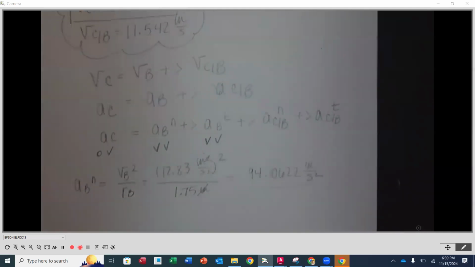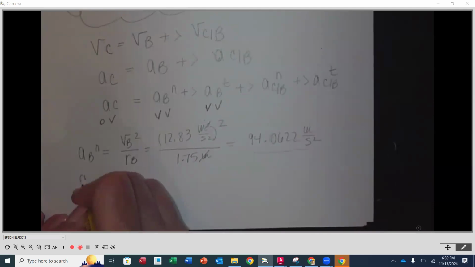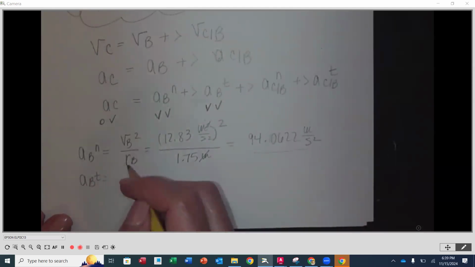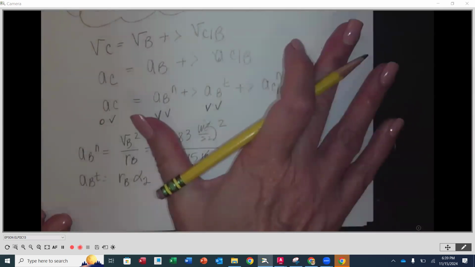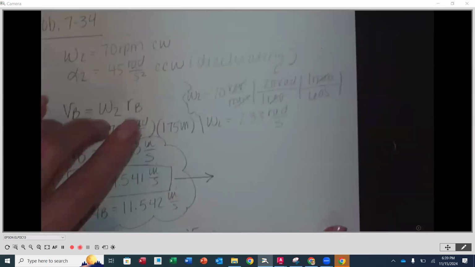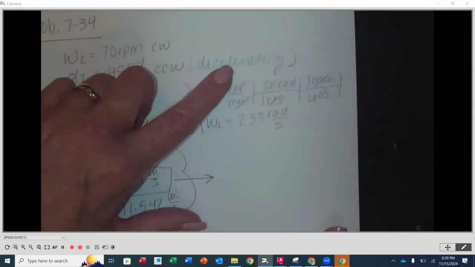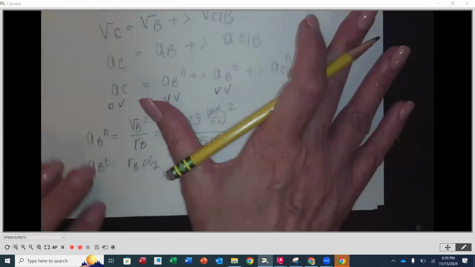So down a little bit here. A, B tangential is going to be the radius to B times the angular acceleration of link number 2. Now, the direction will come into play with the deceleration, okay? But here, we're just going to use its magnitude.